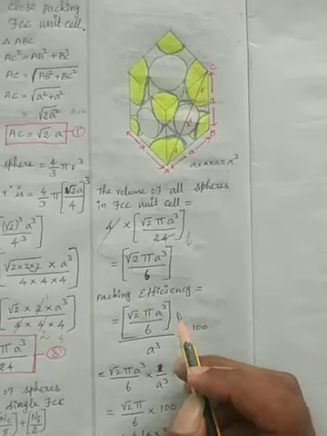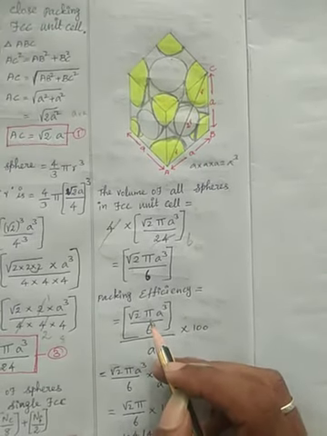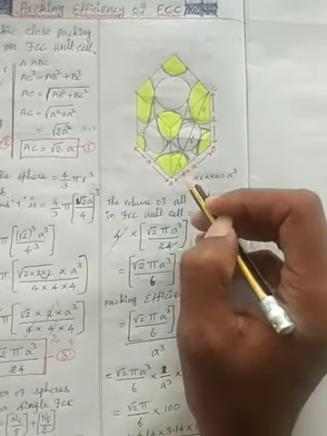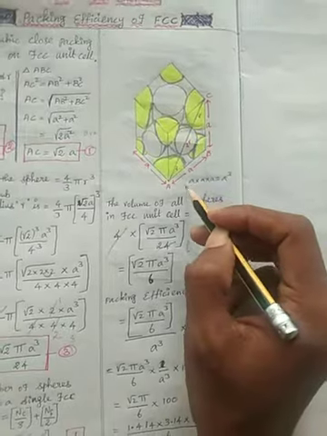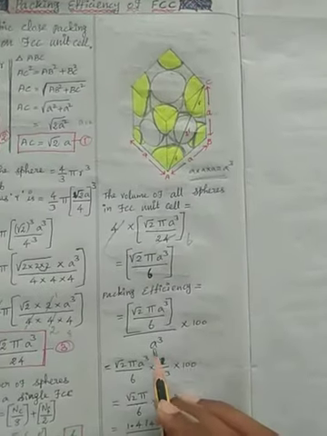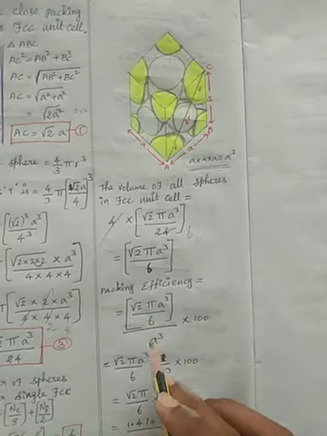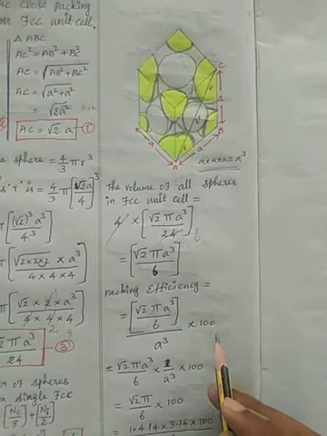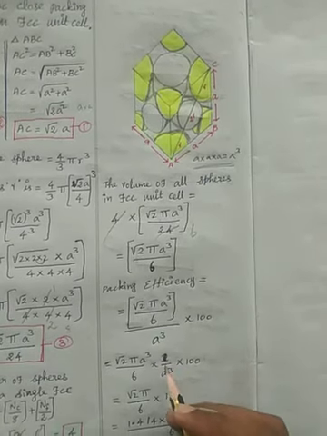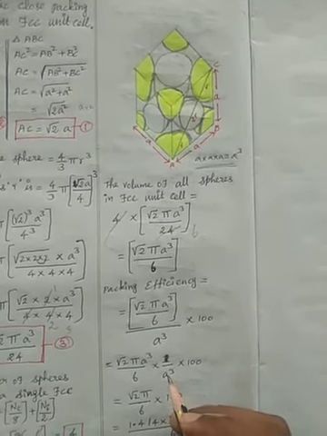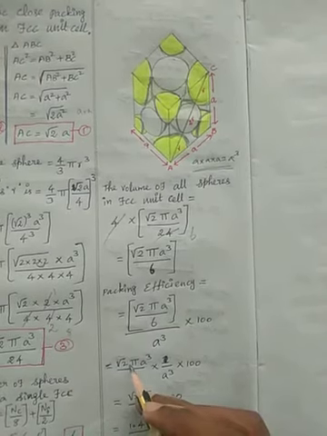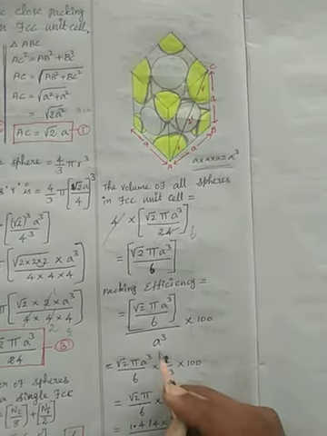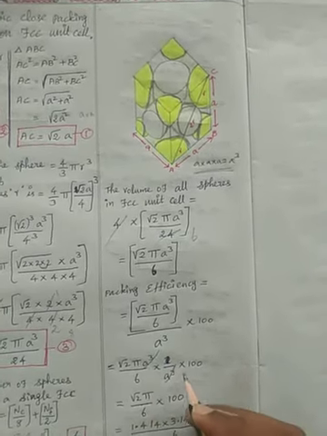So the result is root 2 pi a cubed divided by 6. Packing efficiency equals this divided by the volume of the cube, a into a into a equals a cubed, multiplied by 100. Taking the reciprocal, root 2 pi a cubed over 6 into 1 by a cubed into 100, so a cubed cancels.